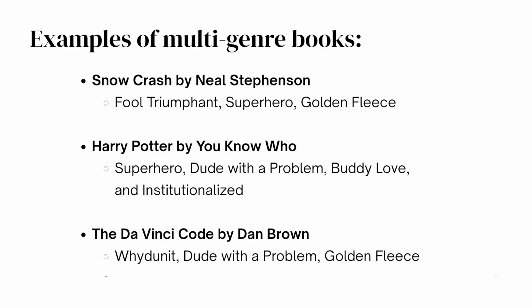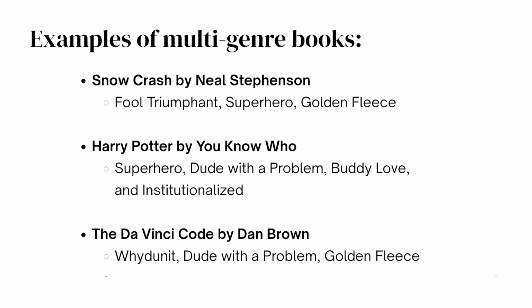Him along with YT, a teenage skateboard courier, investigate a dangerous virus that affects people both in the metaverse and in the real world. This can be interpreted as a fool triumphant, but it also contains elements of superhero and Golden Fleece.